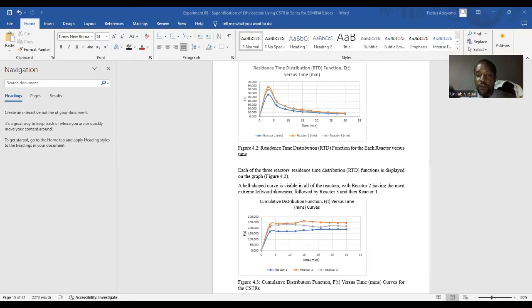And the F(t) curve for reactor 3 is quite similar to the F(t) curve for reactor 2, because the presence of a metal coil inside the reactor may cause stagnant area or dead volume. In addition, the mixing behavior may be affected by the placement of the impeller or stirrer within the reactor. There is a higher probability that stagnant area exists within the reactor due to the metal coil.